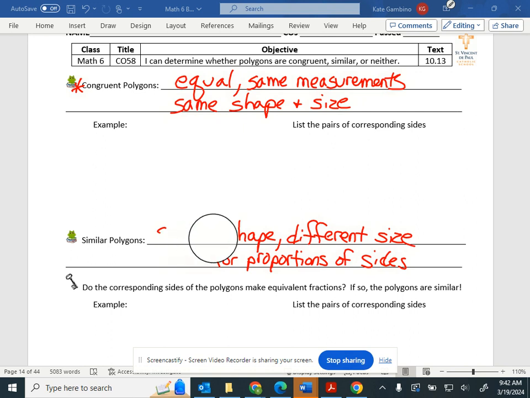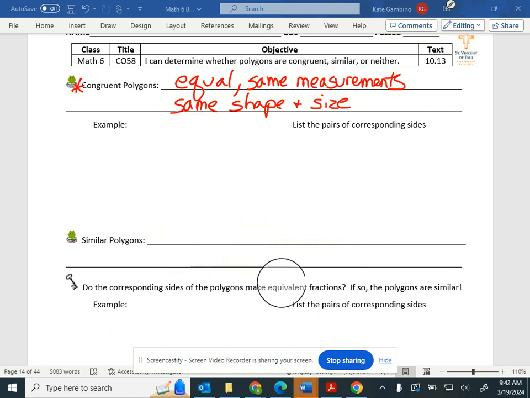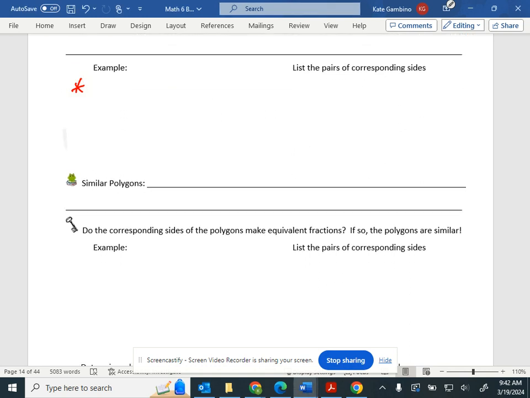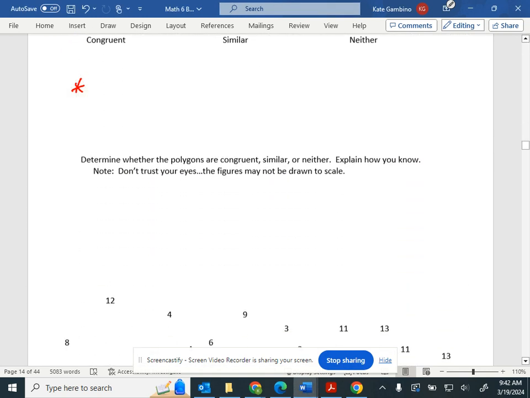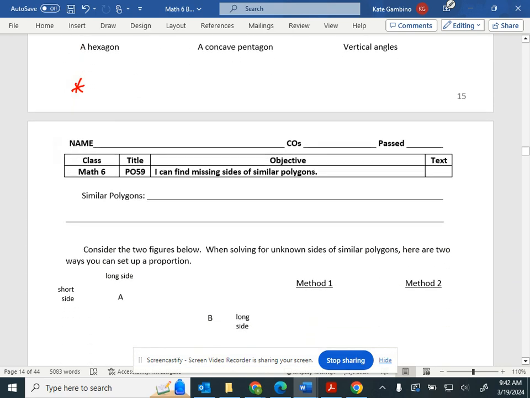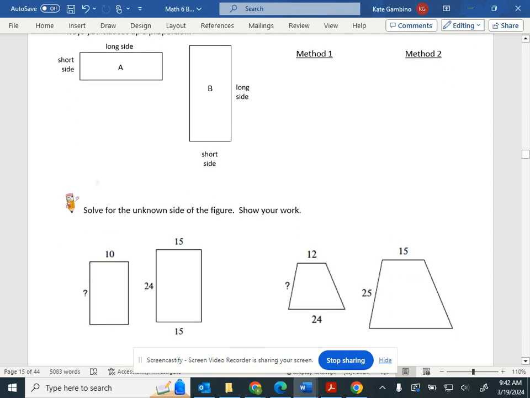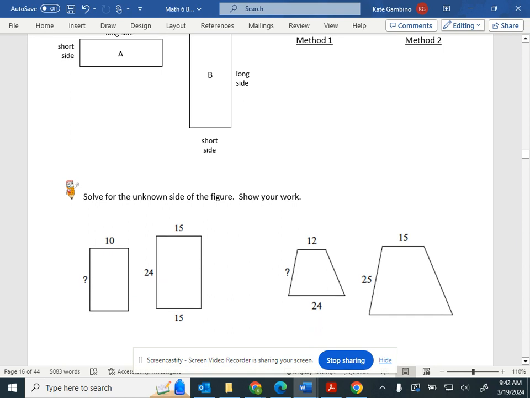All right. PO 59, finding the missing side of similar polygons. If they are similar, we know that they are proportionate. So we go right to those proportions. Remember, we have those methods.